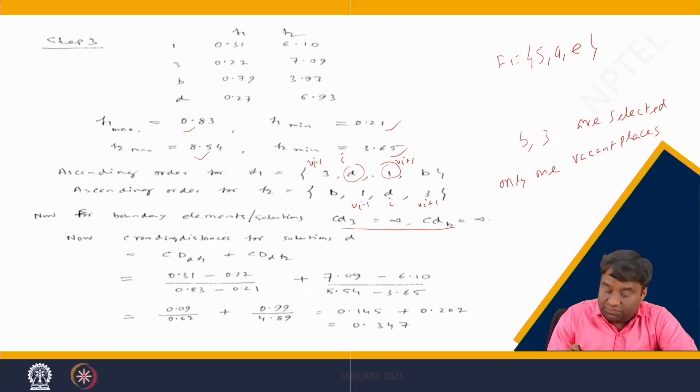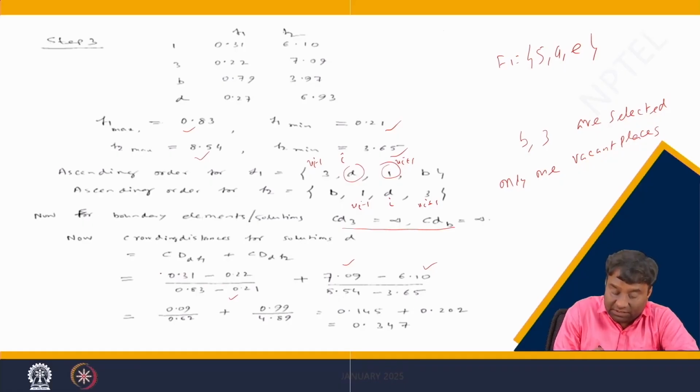The first formula is the crowd distance for F1: the value of x i plus 1, that is 1, 0.31, and for 3, 0.22, so 0.31 minus 0.22 divided by maximum minus minimum. For F2, 3 is x i plus 1, that is 7.09, and x i minus 1 is 1, that is 6.10, again divided by maximum minus minimum, so 0.83 minus 0.21.